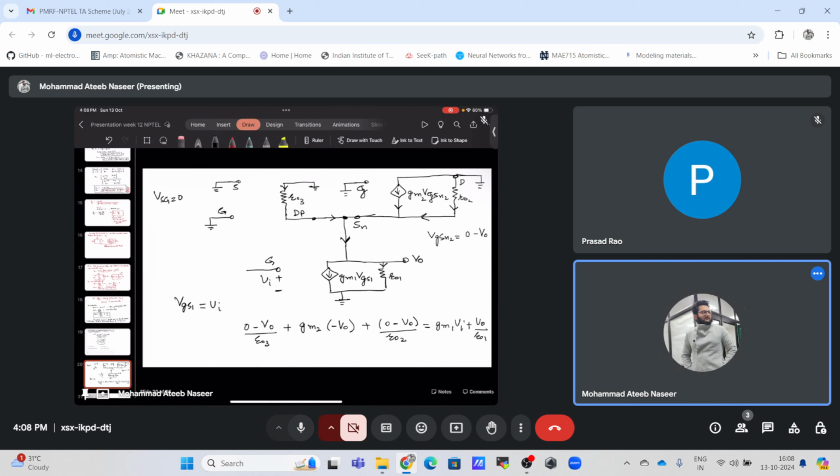So it is simply minus V0 times 1 by R01 plus 1 by R02 plus 1 by R03 plus GM2 is equal to GM1 Vi.